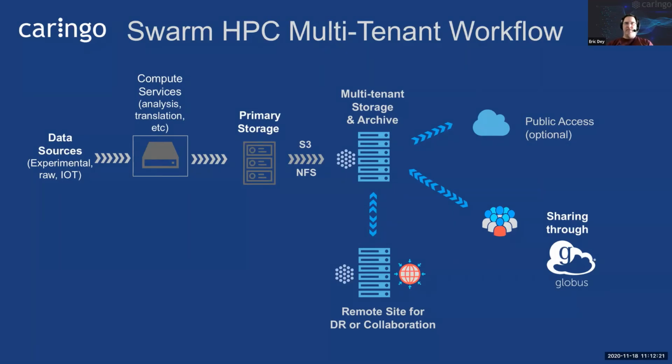We have the ability to replicate to other Caringo Swarm sites, as well as to share data through the Globus connector, so that you can offload and collaborate with organizations that have different technology than you. So Globus is really acting as the glue between these disparate sites.